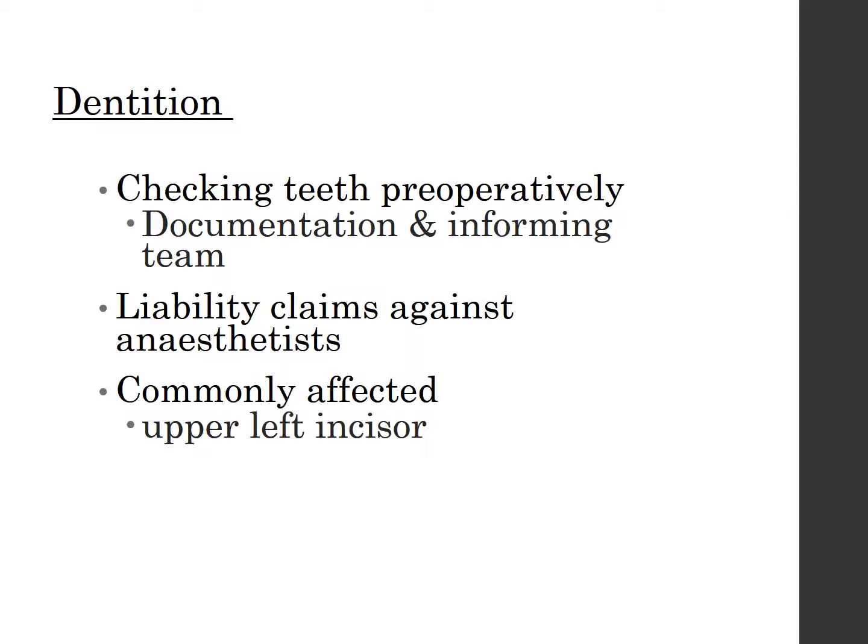The risk of damage to teeth is quite significant through airway management processes like rigid laryngoscopies, and this constitutes the need for appropriate documentation and assessment prior to the procedure.